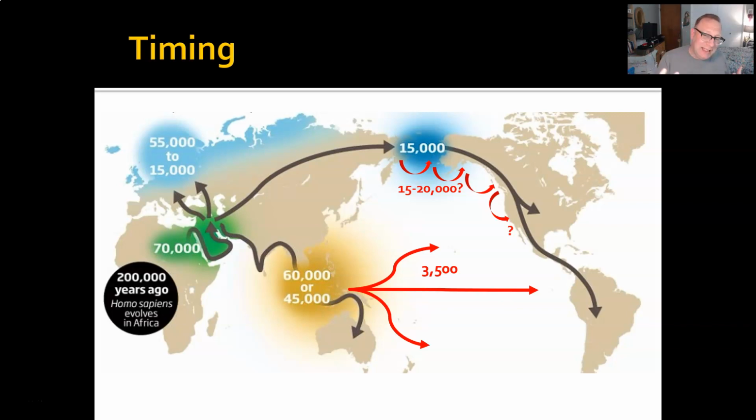And by at least 70,000 years ago, could have been sooner, we see evidence of Homo sapiens entering the Middle East. Interestingly, we see Homo sapiens enter the Middle East before we see Neanderthals.